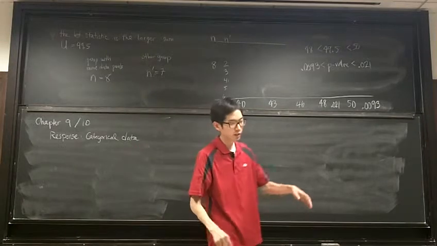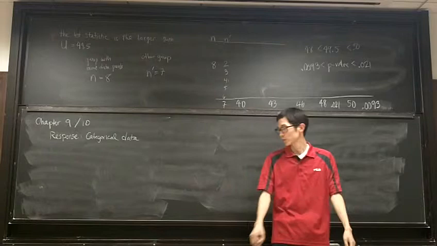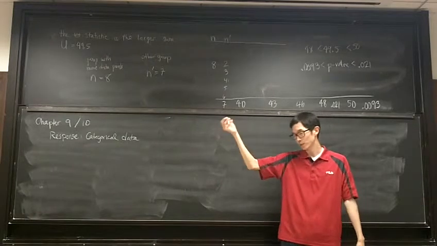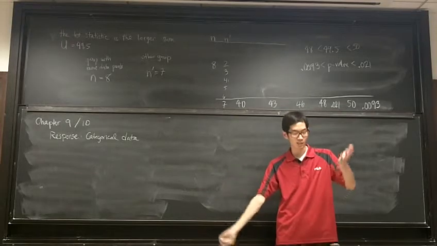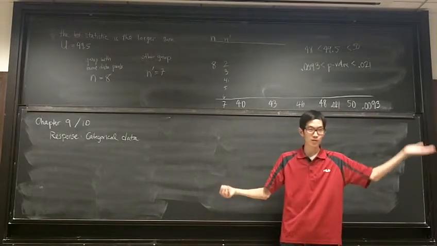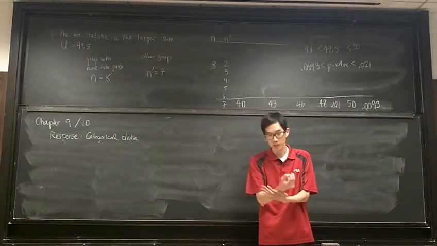Before we could ask, is the mean IQ of students who go to this college equal to the mean IQ of students who go to another college, or something like that. Now our response is categorical.